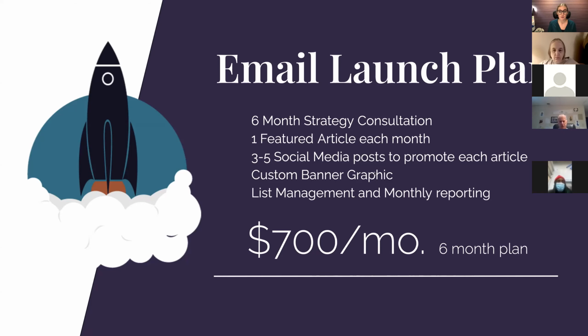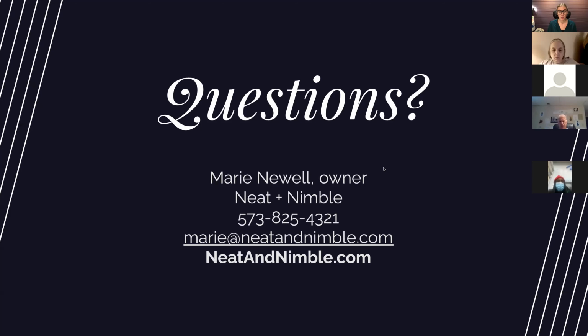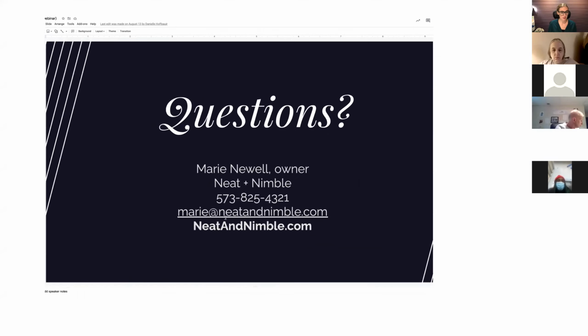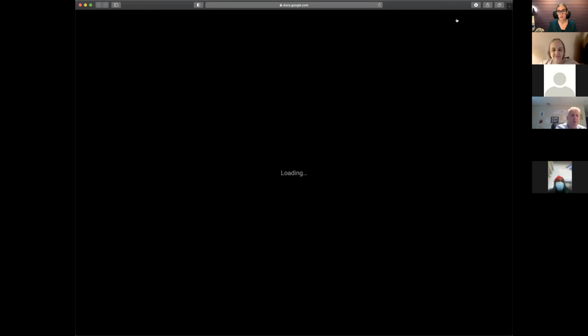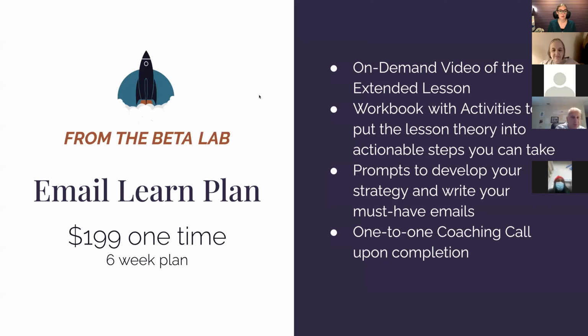We also have an option for someone who is maybe not quite ready to take that step. Here we go. This is our do-it-yourself option. We have a Learn and Launch extended version where I go in depth, and I have a series of videos that talk more about the topics that we went over today, as well as several other topics about how to get started.